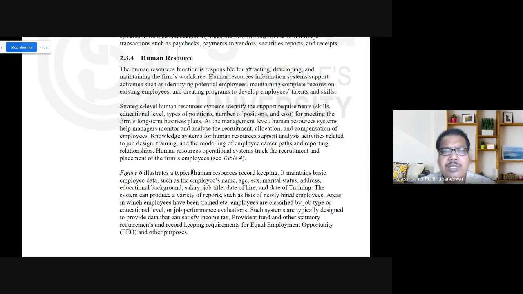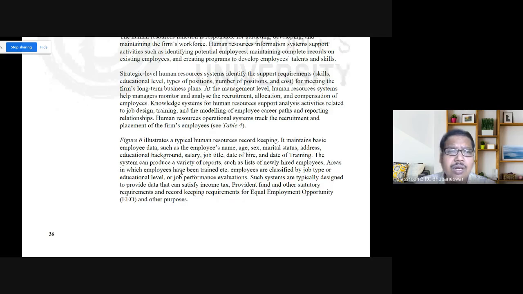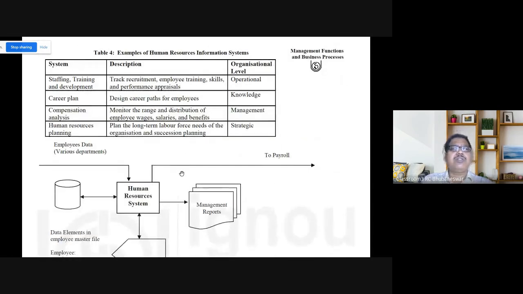So the knowledge management system for human resource support analyzes from time to time, activates relationships, then goes to job design, translating the jobs, and then moving further to executions. Modeling of employees must carry out their paths with respect to reporting. So the human resource operational tracks must be figured out. Let's see what we have. We must go for the human resource information system.